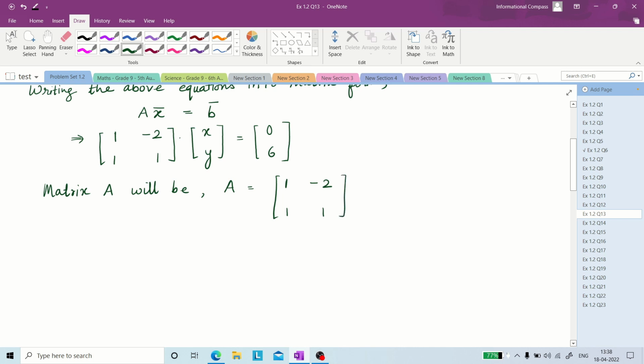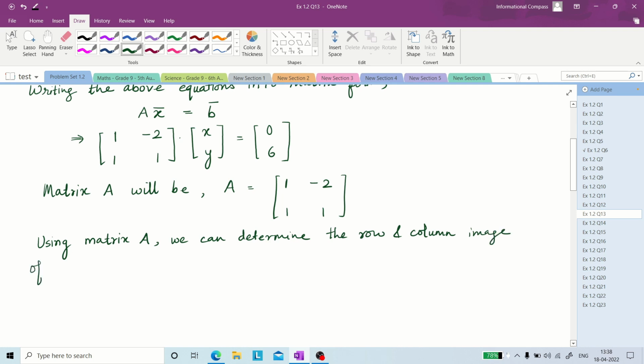Now using matrix A, we can determine the row and the column image of equations.